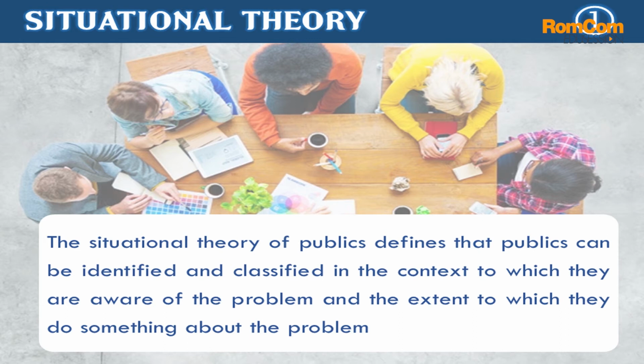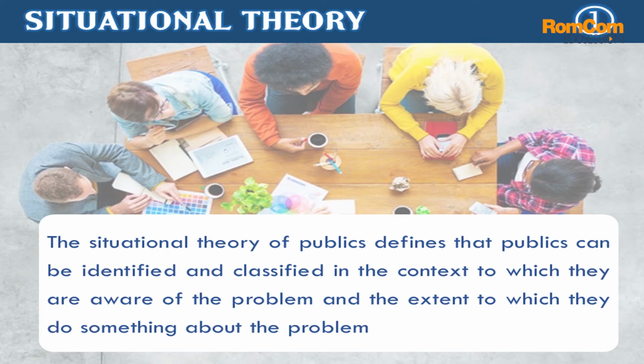Now, the situational theory of public defines that public can be identified and classified in the context to which they are aware of the problem and the extent to which they do something about the problem. So, awareness of the problem and what they do about the problem. Now, this theory explains in depth the psychology behind public behavior being active or passive in decision making of an organization.